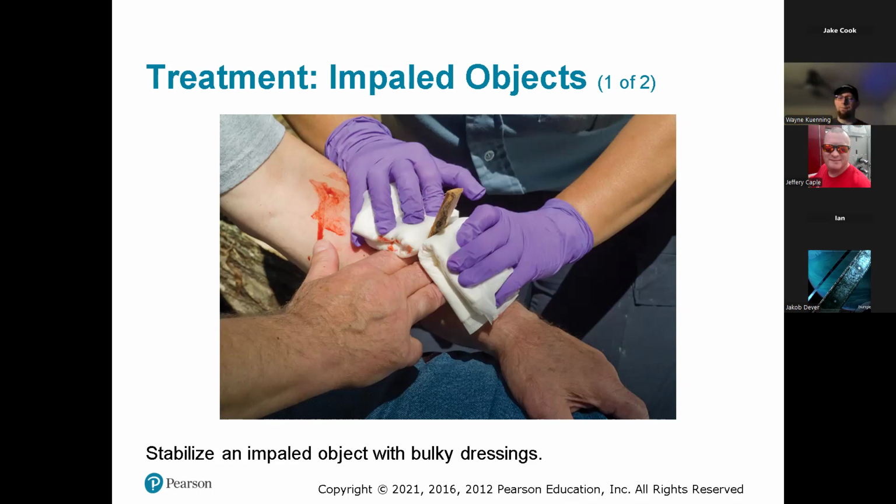Say it's an abdominal impalement, you can have that object stick out both sides and lay the patient on the opposite side of their abdomen from which they're impaled and secure it that way. Whichever side they're cutting it from doesn't have to be cut at body level. And you really don't want to, because you want to leave space, a cushion, so you can track and make sure it's not moving.